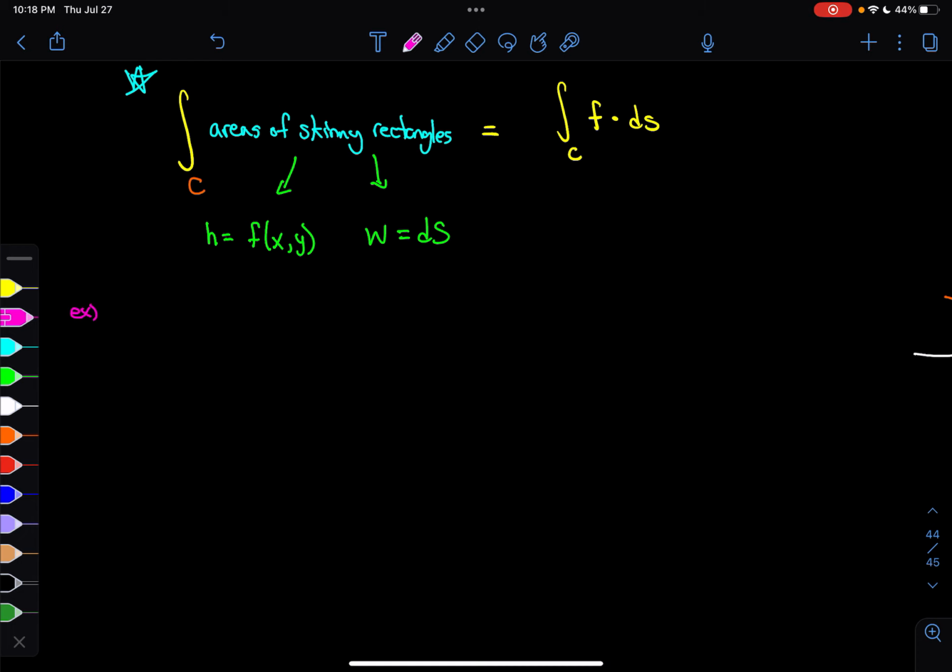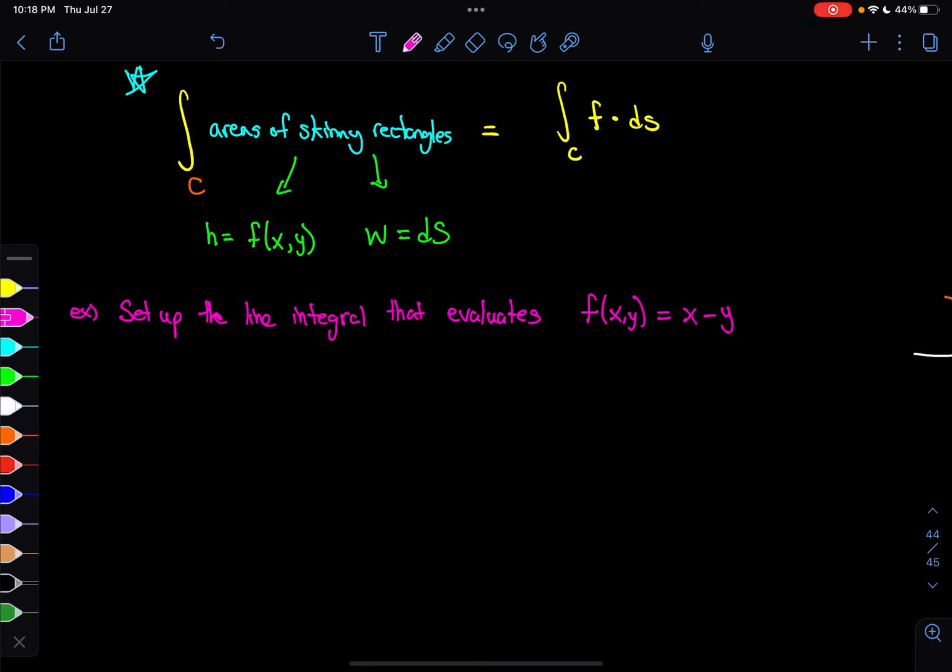For example, I am just going to say: set up the line integral that evaluates the function, let's keep it simple, x minus y squared, to make it more interesting, over the curve given by, let's keep this simple too, y equals x squared from x equals 0 to x equals 3, okay?